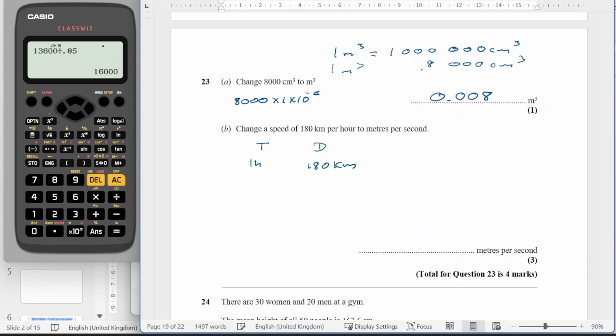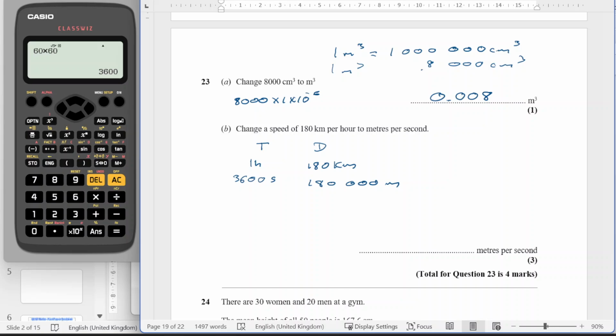So if I want to change that into meters per second, first of all, I'm going to say that 1 hour is actually equal to 3,600. So that's 60, I've done one too many zeros there, 60 times 60 is equal to 3,600 seconds. And 180 kilometers would actually be equal to 180,000 meters.